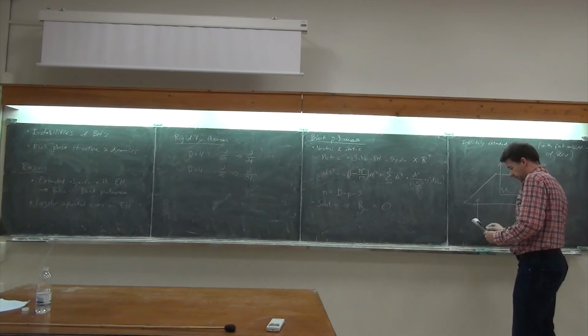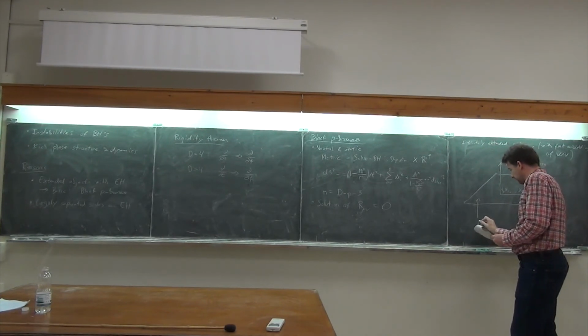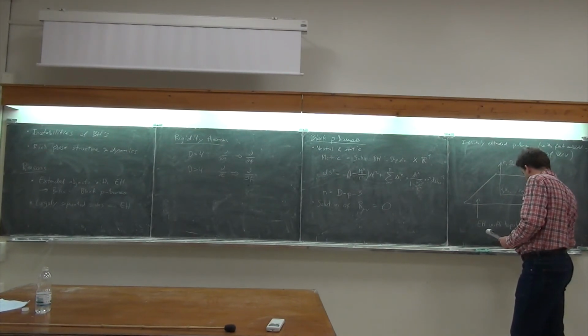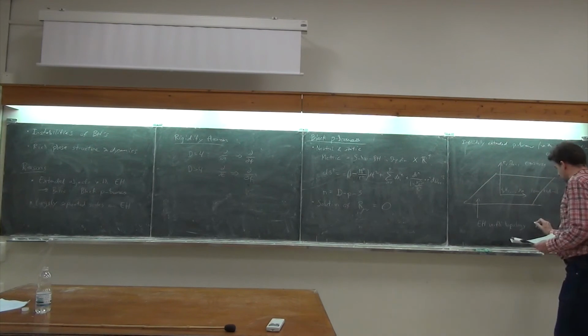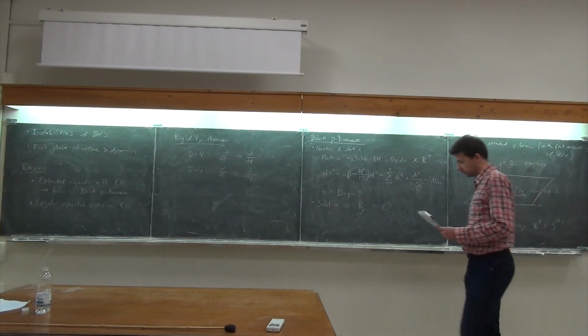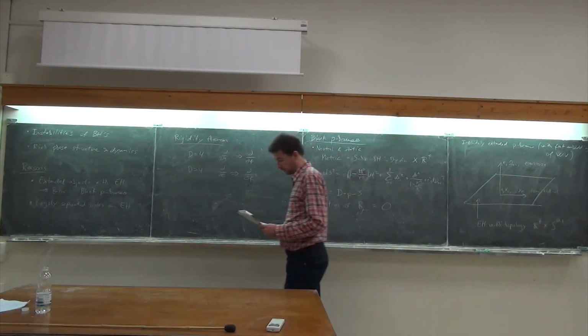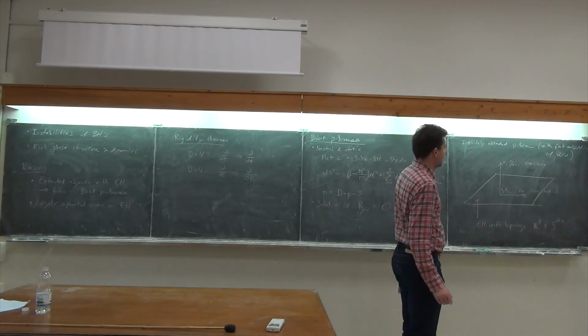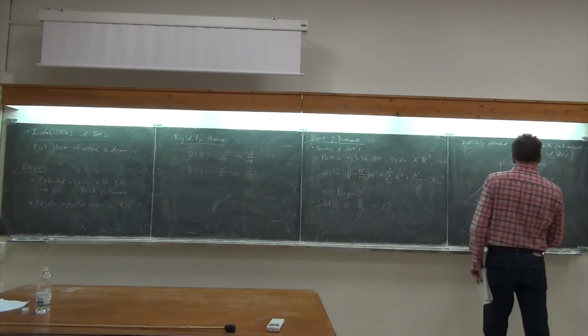So you have an event horizon with topology Euclidean p-dimensional space cross S^(n+1).